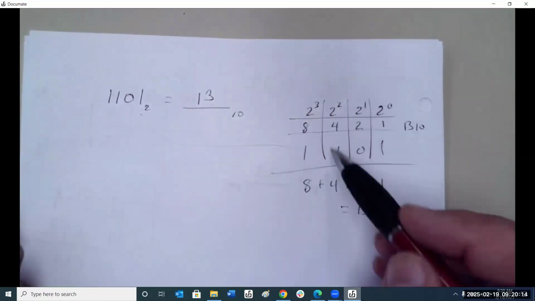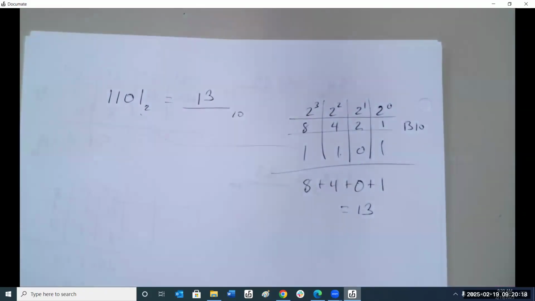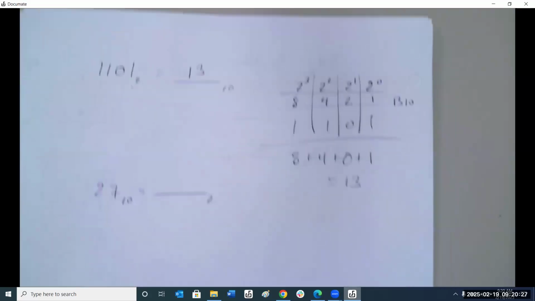So once you have your columns, put the numbers in there and then see what the conversion is. Now 27 base 10 to base 2.